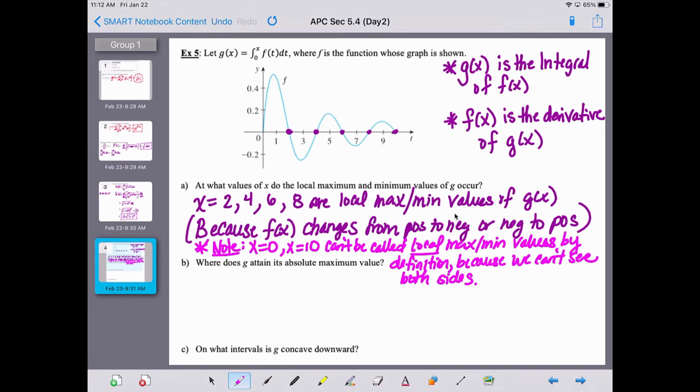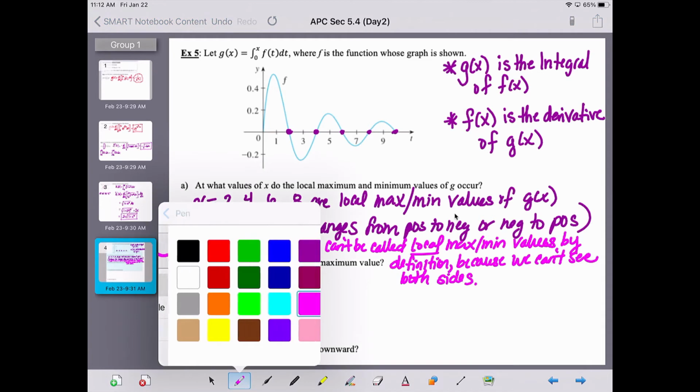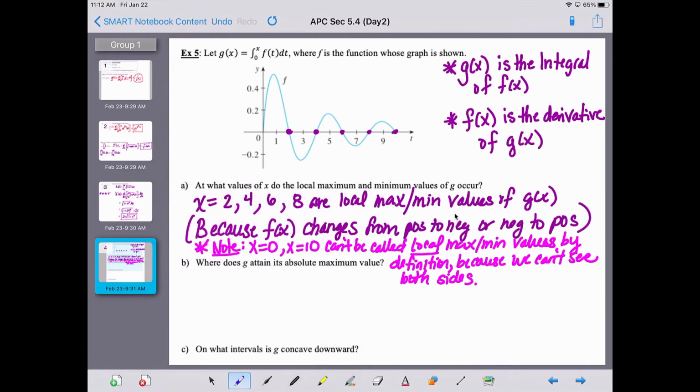So cumulatively speaking, g of x is going to have its maximum value at x equals 2, because the area under the curve is greatest at this point.